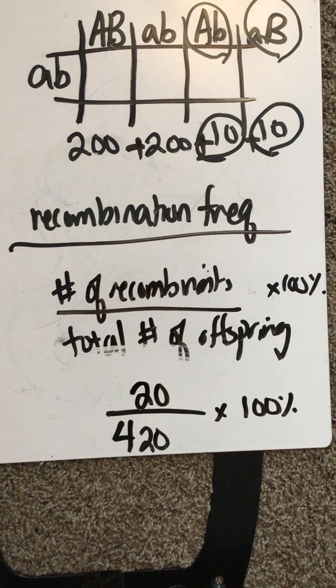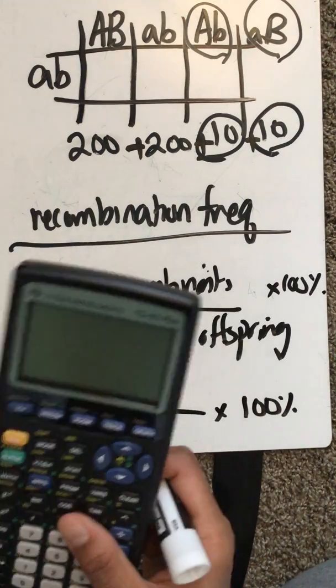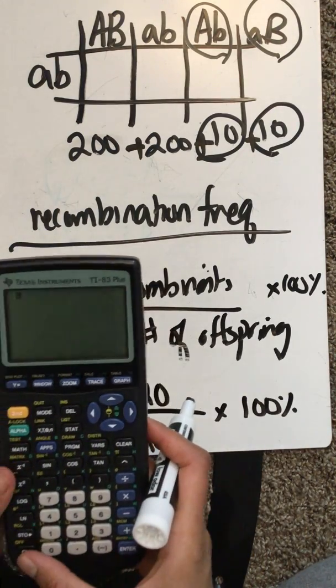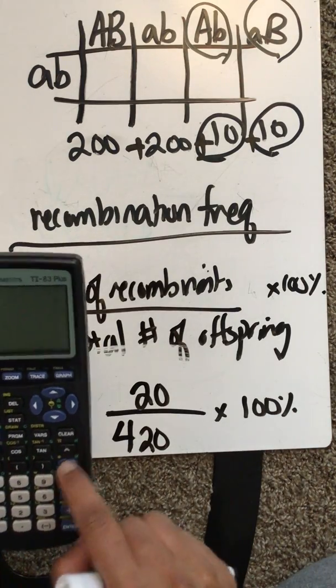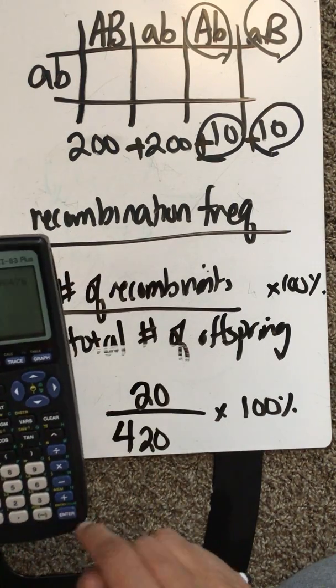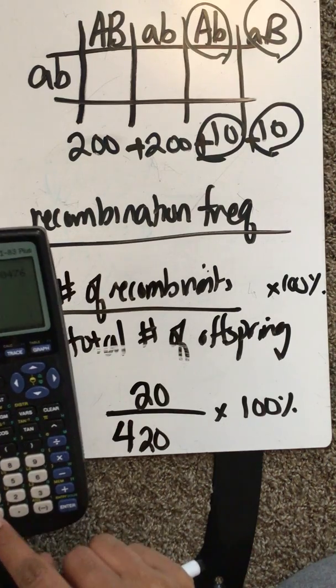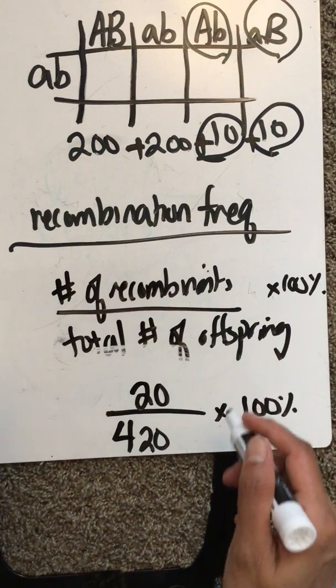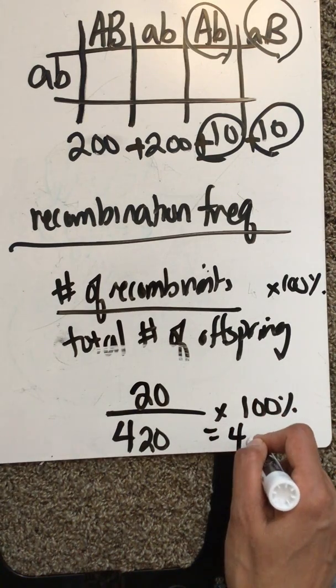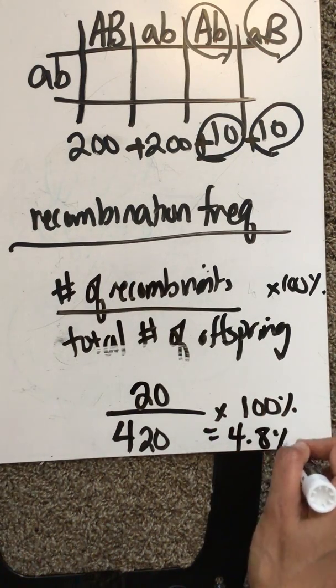So here is our handy dandy calculator. It goes 20 divided by 420 times 100. The answer is 4.8%.